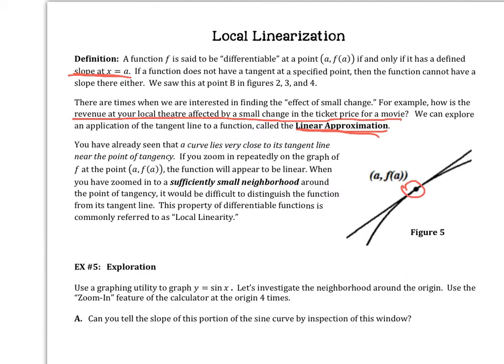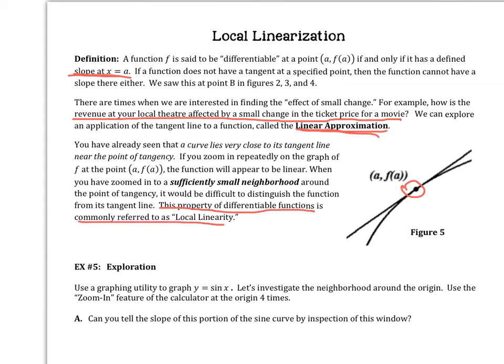And we said if we zoomed in really close, you would see that the curve looks like a linear line. And our tangent line would also look like a linear line. It'd be hard to see which one was which, but that's the property. A differentiable function is commonly referred to as having local linearity.